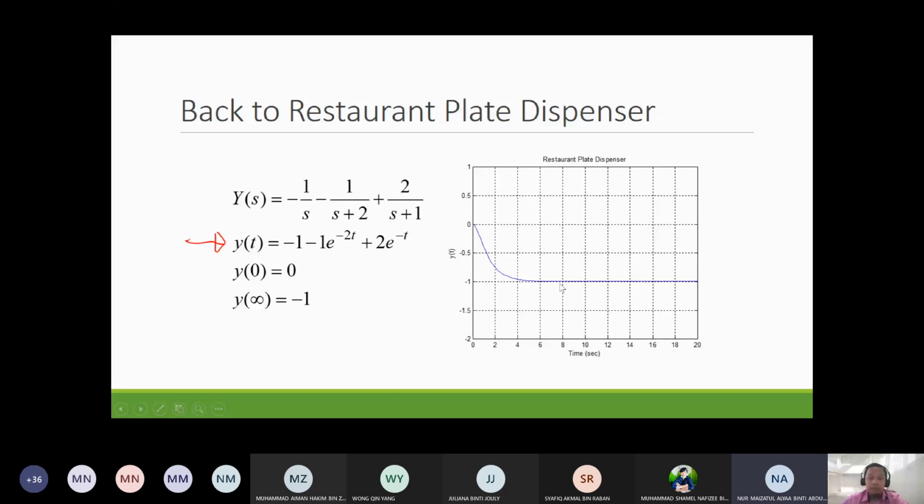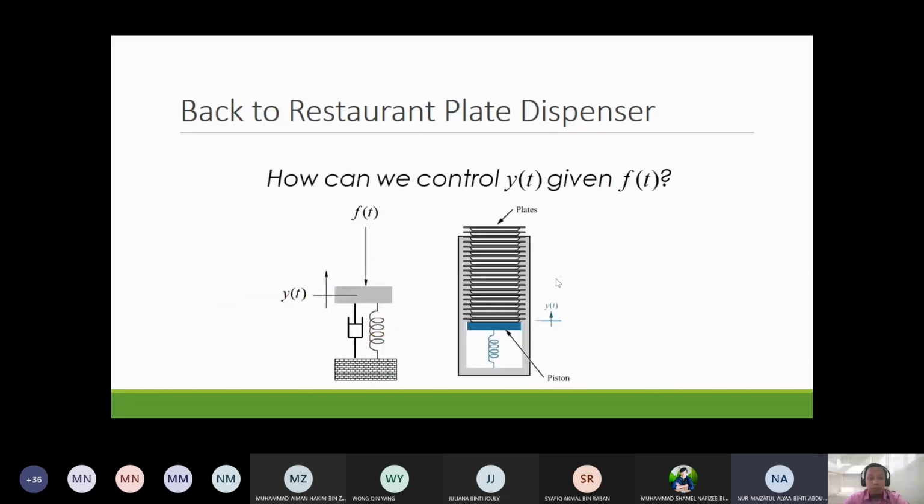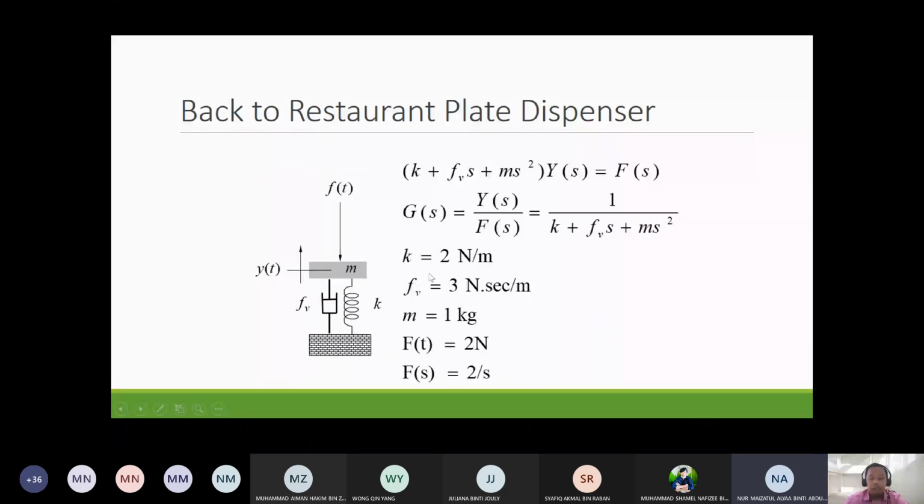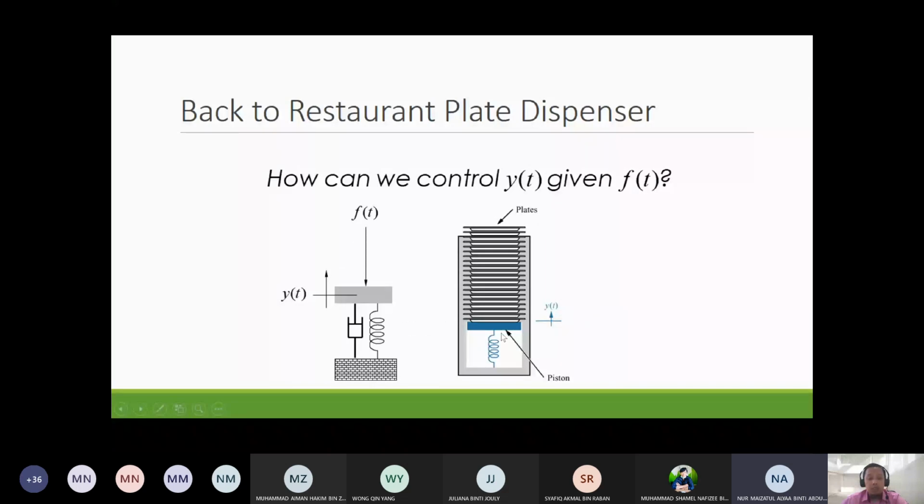Here, it means that when we apply the force, which is 2 Newton, then the position will increase. It takes 8 seconds before it can reach a constant value at the top.